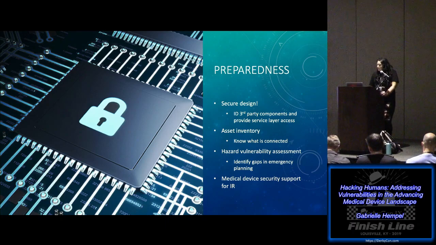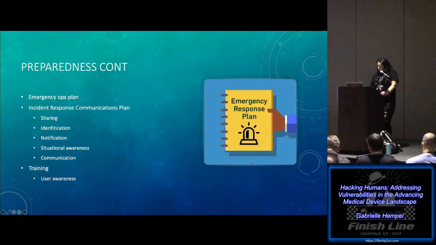Hazard vulnerability analysis is used to assess and identify potential gaps in emergency planning as well. Therefore, an emergency ops plan is also necessary to describe how a provider will respond to and recover from a threat, hazard, or other incident. Building upon this, communication is key during an incident.